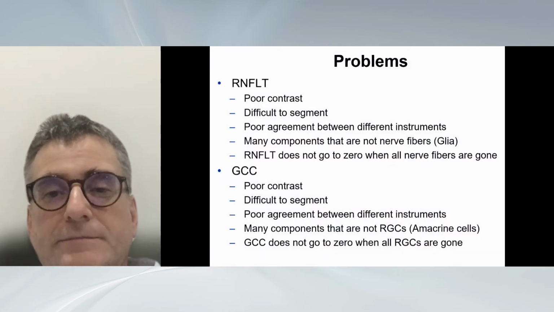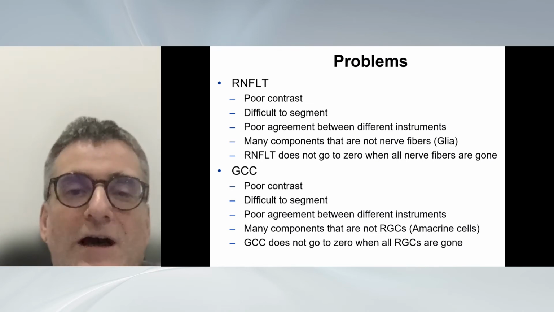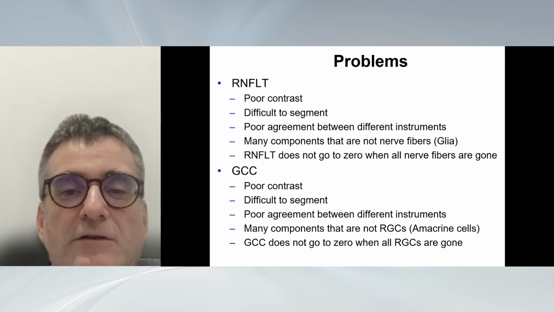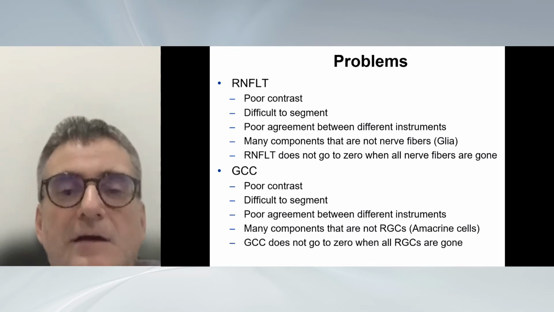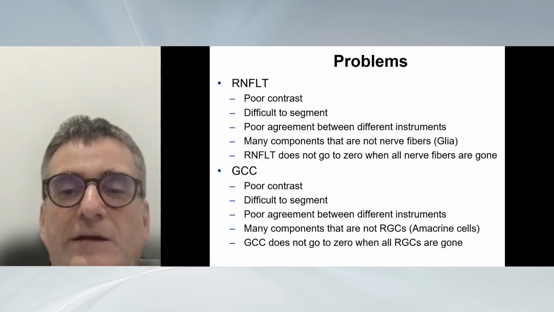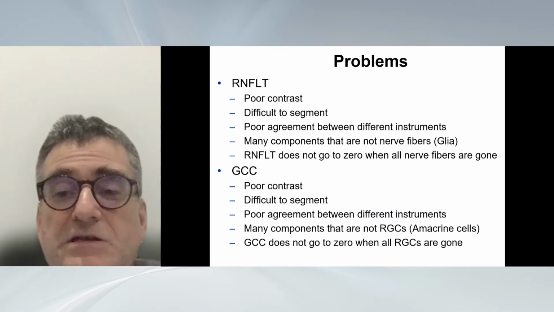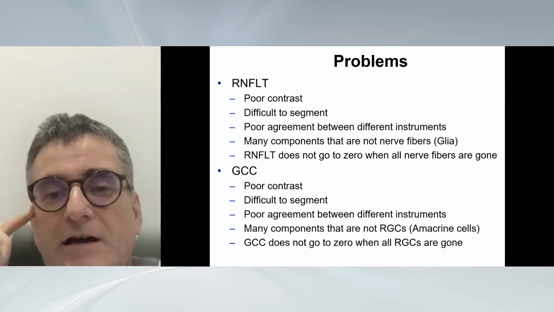But what are the problems with current glaucoma devices? On the one hand, when we talk about retinal nerve fiber layer thickness, we have relatively poor contrast. As such, it is difficult to segment, and we sometimes have segmentation errors. We have poor agreement between different instruments, and this is mainly because different vendors use different softwares.